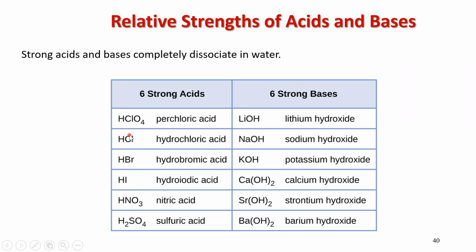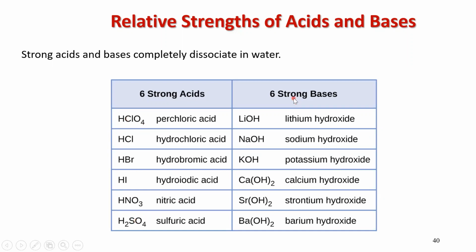They all have halogens as their negative ion. They're in the same group on the periodic table: hydrochloric, hydrobromic, hydroiodic, 100% dissociate. Oxyacids: perchloric acid, nitric acid, and sulfuric acid are strong oxyacids. And we have to know this list.